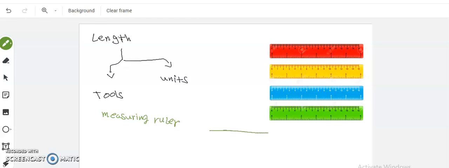A pencil, the length of a pencil, the length of a book, let's say a science book. That's the ruler.